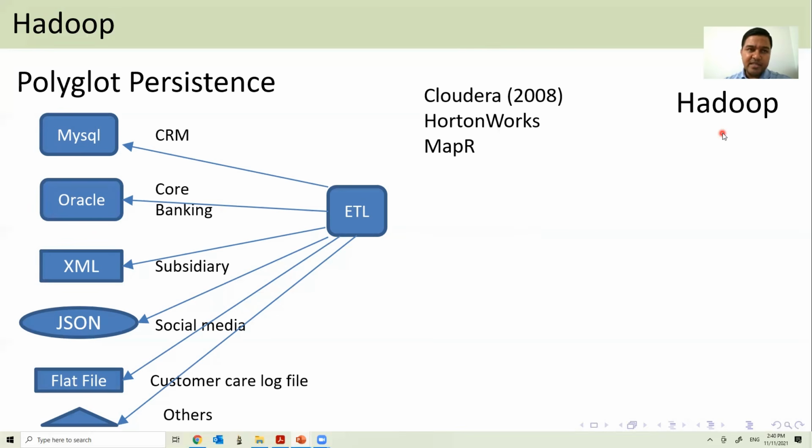Hadoop is basically not meant for small transaction processing. It is meant for handling large data sets, large databases, in both structured and unstructured formats, and it is primarily meant for batch processing.